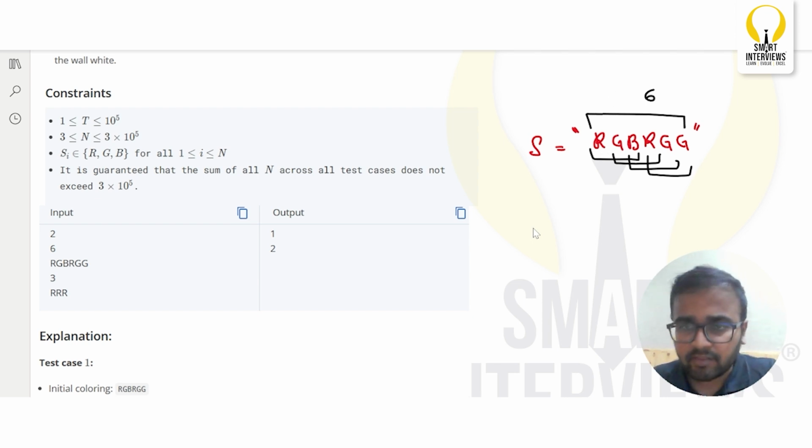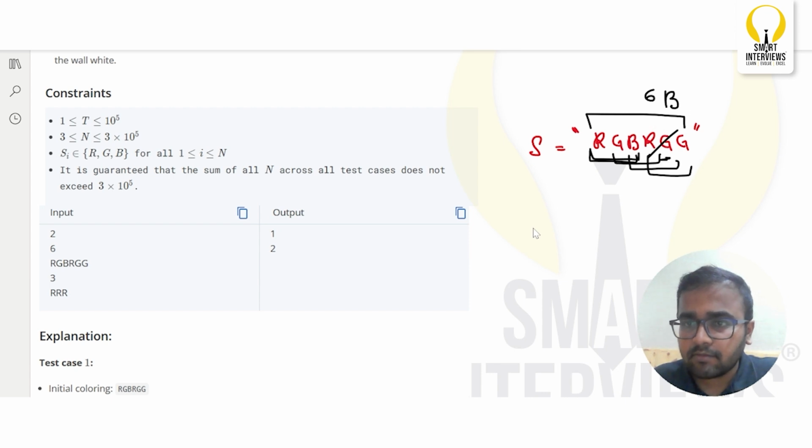Because you have a substring, this is your substring, which is not having an equal number of R's, G's and B's. So don't do anything to this G. Next, you have one more G here. Can you do something with that? If you make this G a B, what happens? This substring is not having an equal number of R's, G's and B's. So you cannot do anything with this G as well.